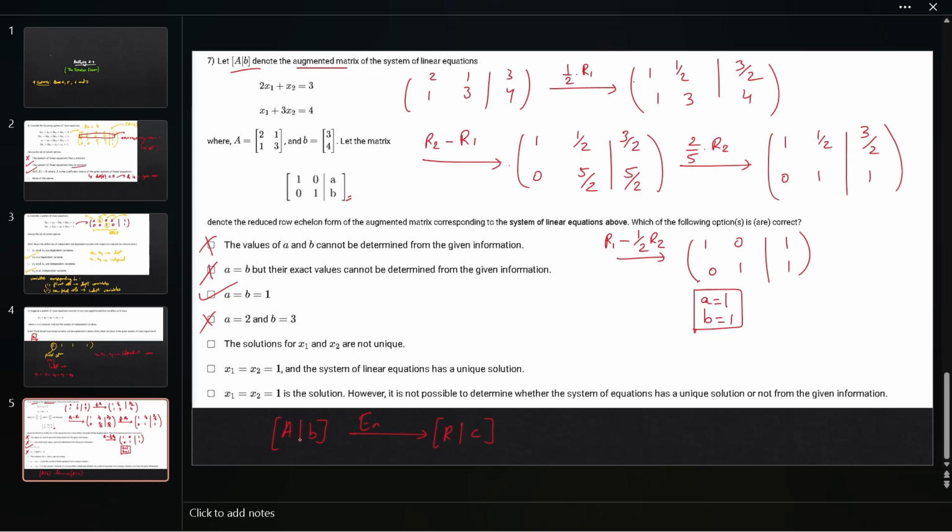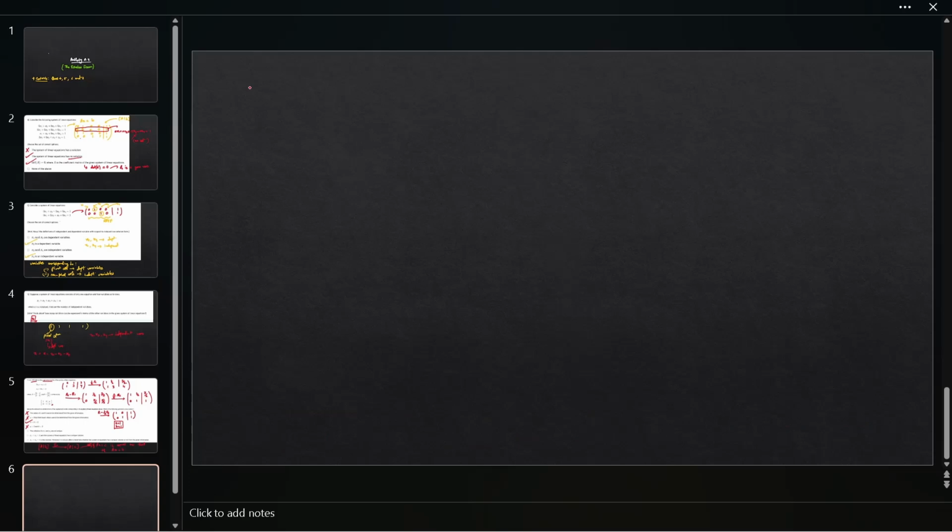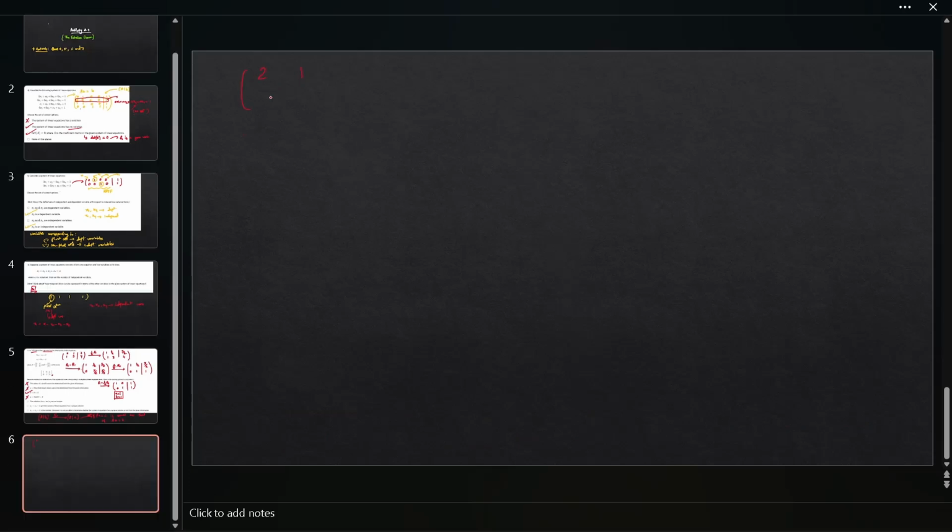So if we start with an augmented system and if we perform the elementary row operations, then the solution of the system Rx equal to C is equal to that of Ax equal to B. That means the system that we had here, which is the system 2, 1, 1, 3, and then 3, 4 here, is equivalent to the system 1, 0, 0, 1, and then 1, 1 over here.